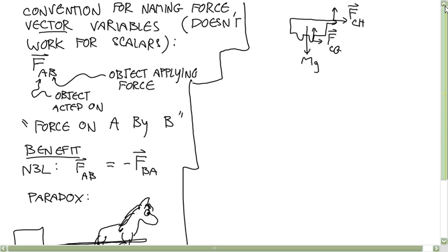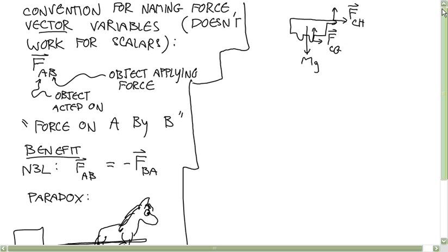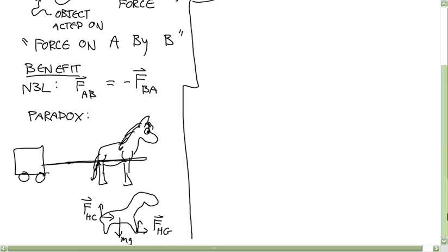But okay, this is equal and opposite to this, right? So the horse was right about that. But the thing is, the horse doesn't move because of the force the cart applies to it. It moves forward because of the force the ground applies to the hooves, and his muscles are what make that happen.